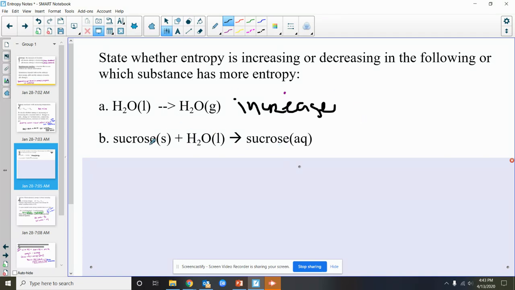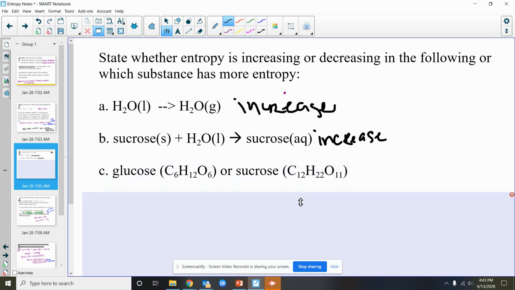As the solid crystal, you had a ton of sucrose molecules together, whereas once they dissolved in water, now you have individual sucrose molecules that are going to be in your solution. So this is also an increase in entropy because you have a solution that's being formed. You have a dissolving of solid in the liquid, and it's creating individual sucrose molecules to be in that solution.